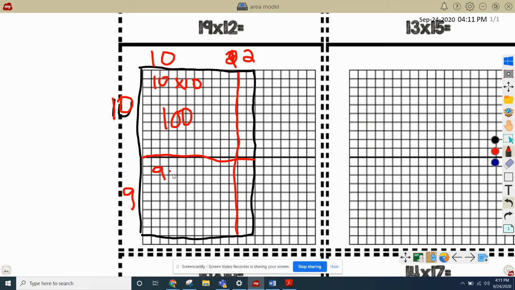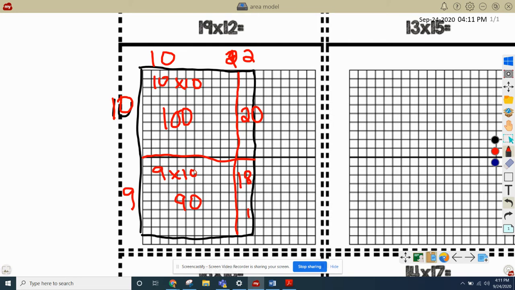So 9 times 10, which equals 90. And this column represents 2 times 10, which is 20. And this column represents 9 rows because there's still 9 rows, and 2, which is 18.